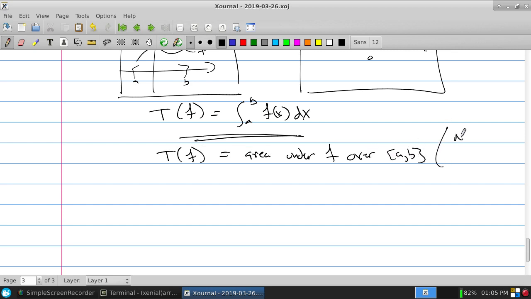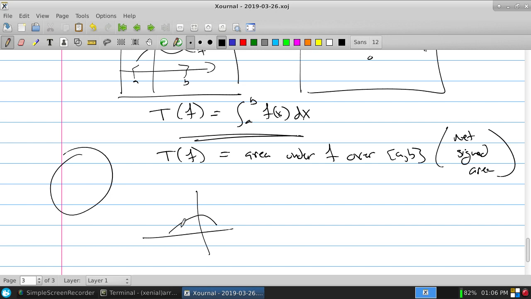It's actually net signed area, which means that I allow negative areas, even though area normally has no definition in terms of negative. Like if I gave you a circle and somebody says, oh, you have -1 square units, that's silly. I mean, areas are positive. It's like, well, not for this. Net signed area allows for such things as being negative because you interpret anything above as being a positive amount, anything below being a negative amount.